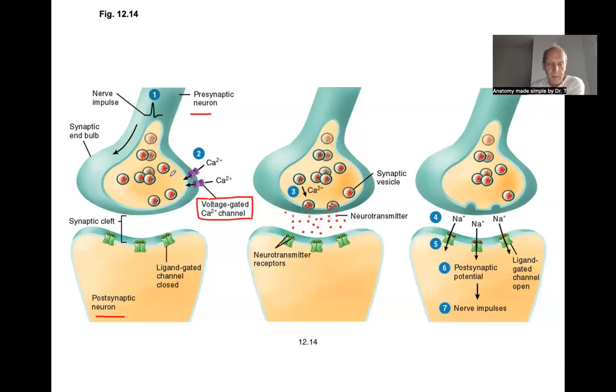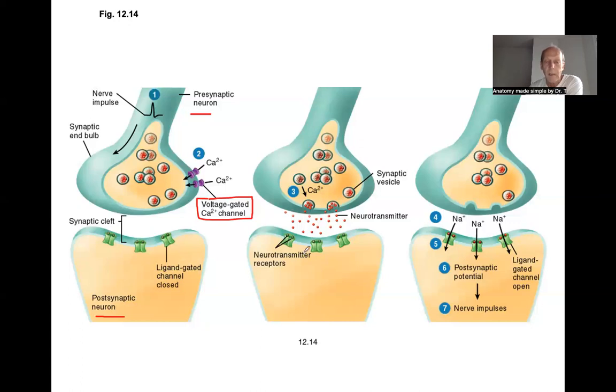With the presence of calcium, as indicated with number 3 on the diagram in the middle, it will move some of the transport vesicles towards the cellular membrane of the synaptic end bulb. They would, like many other transport vesicles, blend into the membrane of the synaptic end bulb, open up, and through the process of exocytosis, release the neurotransmitter substances into the synaptic cleft. What makes them move from the pre to the postsynaptic cell?